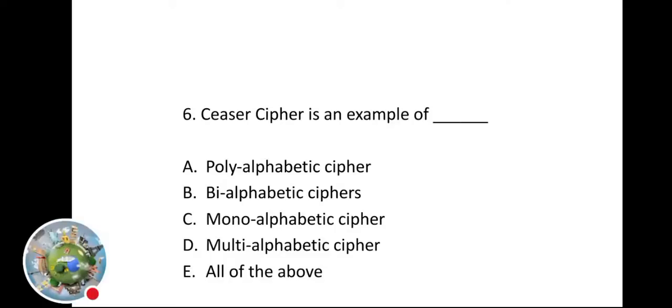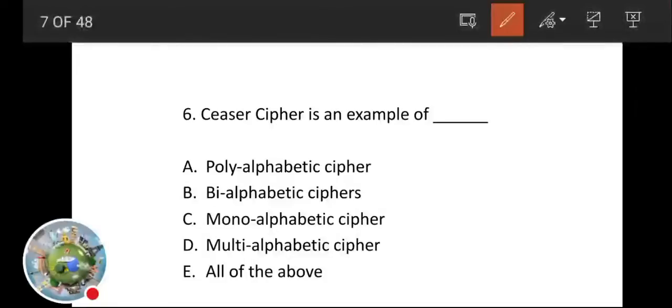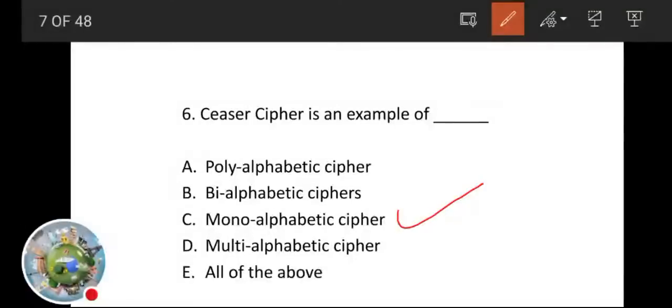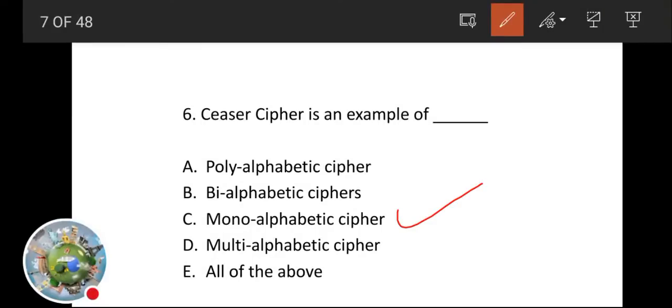Then what type is it? When the same method is continuously used for different text, it is called a monoalphabetic cipher. Monoalphabetic cipher, because the same methodology is used for all the problems which come under the Caesar cipher.